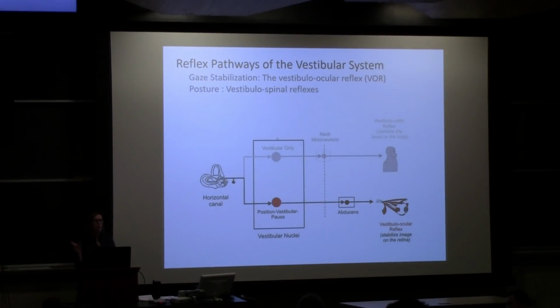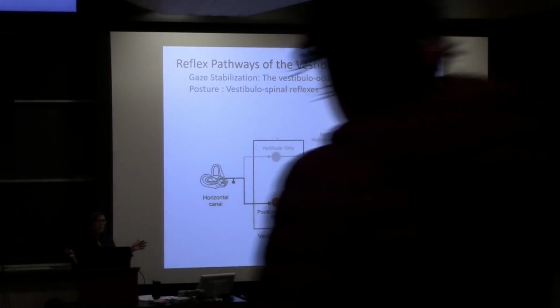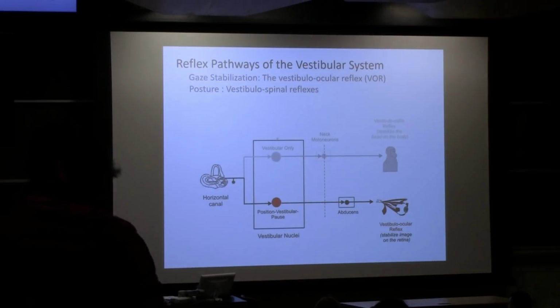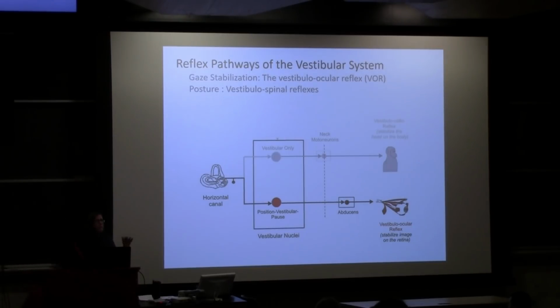But that discharge, depending on if they hook up to these type 1 or type 2 hair cells, will either be super regular if they're hooked up to the type 2s, or pretty irregular if they're hooked up to the type 1s. So that's individual neurons have different degrees of noise at rest. Okay? So that's just kind of a general conceptual overview.